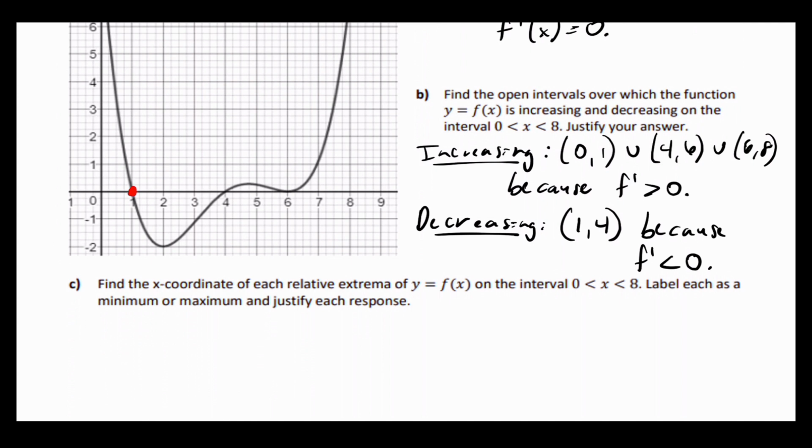Okay, so we're going to say relative max at x equals 1 because f prime changes from positive to negative.